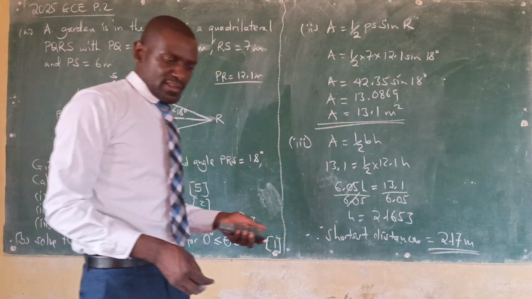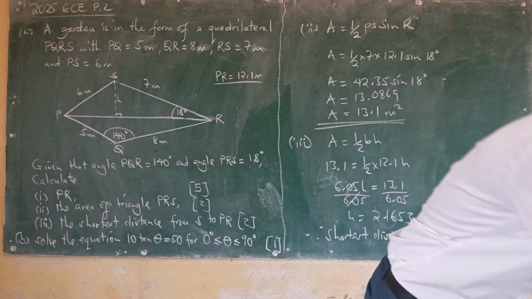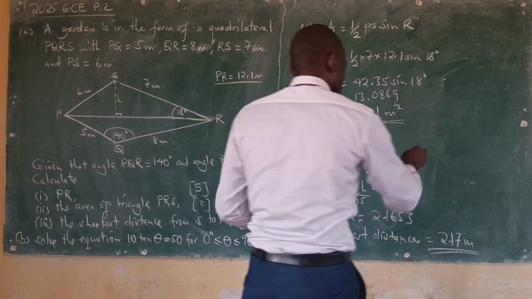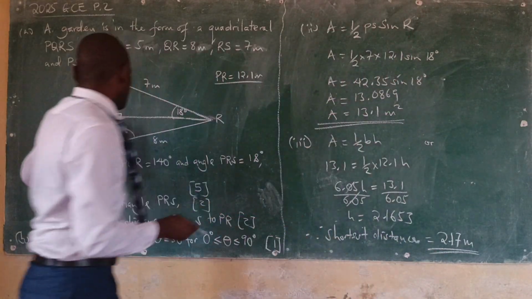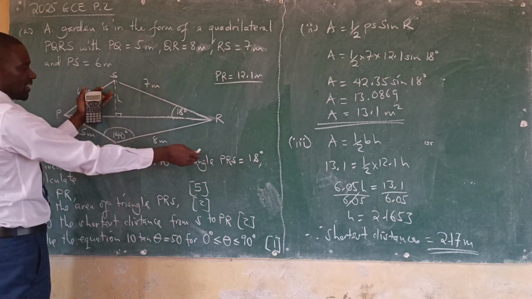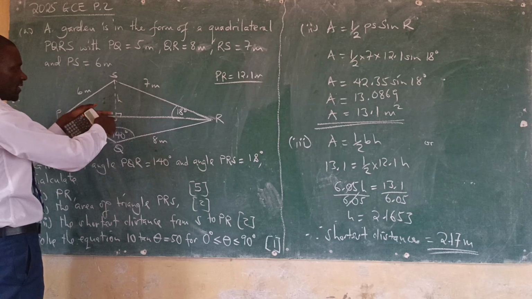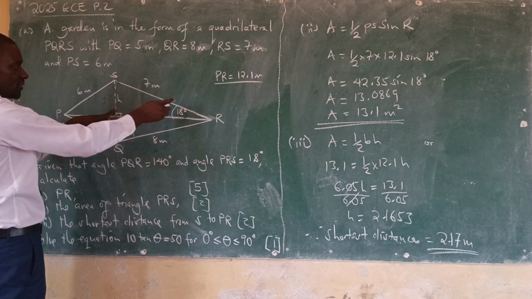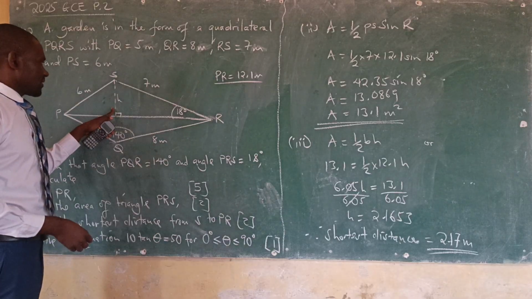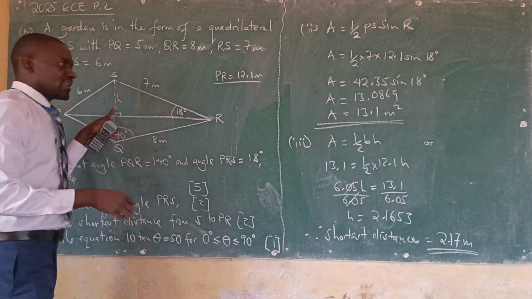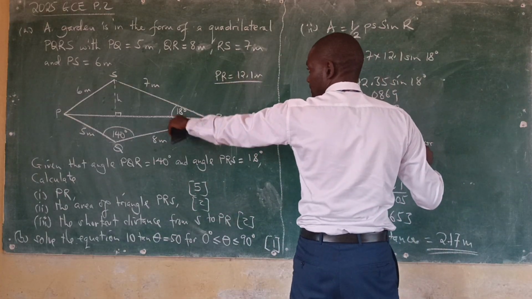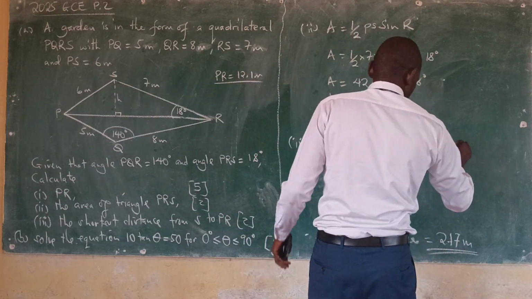There is also another option that we can explore. So the other option for this one, if we ignore this part and we talk about this right angle triangle, you realize that this is the opposite. It's opposite to this angle, and that is the hypotenuse. And so we are able to use sine for that one, where we just say sine 18 degrees is equal to opposite over hypotenuse.